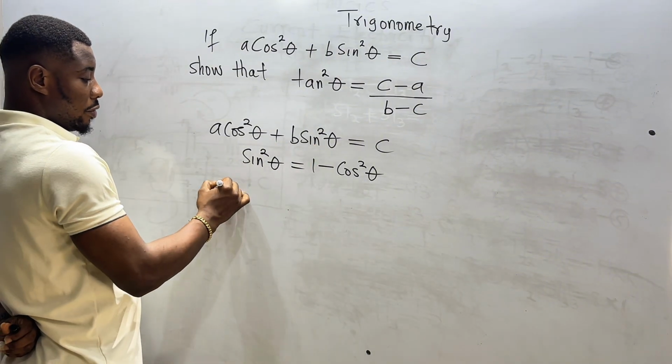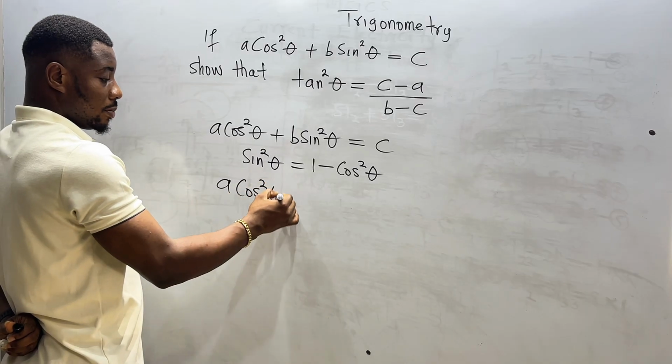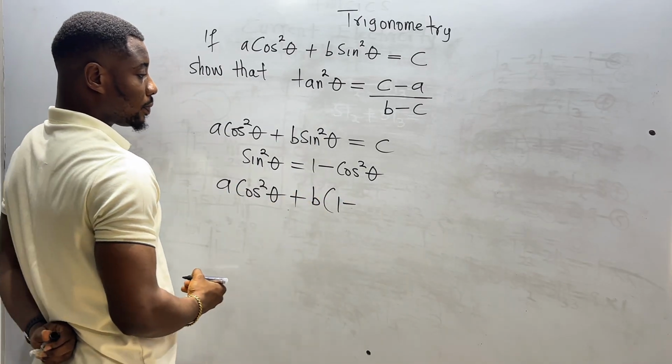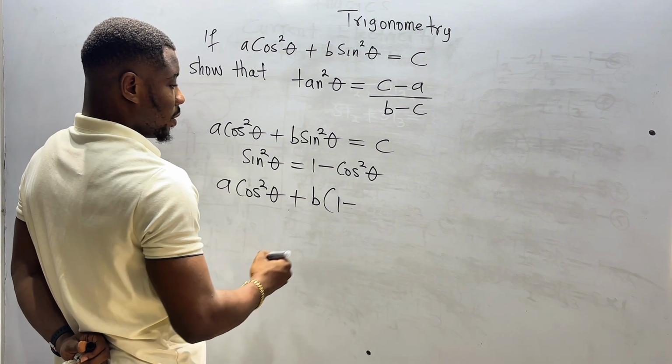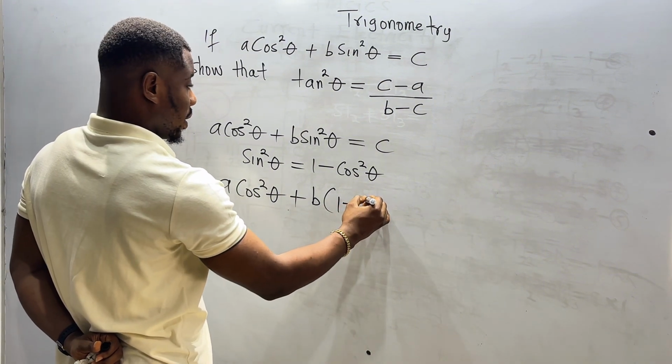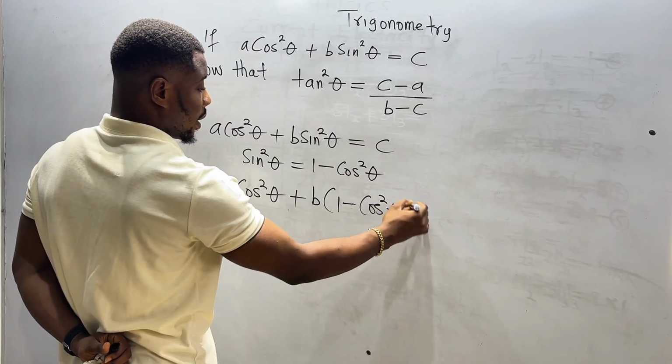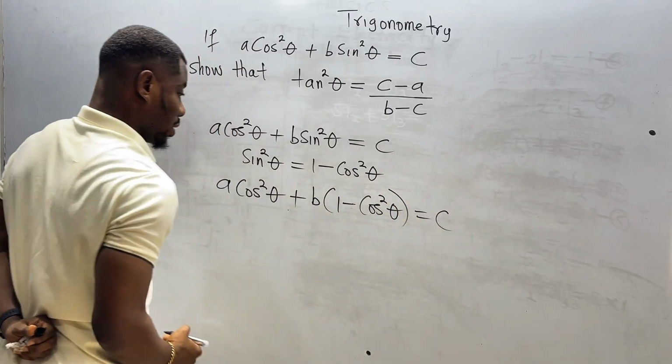So, replacing, I have a cos squared theta plus b into 1 minus cos squared theta, is equal to c.